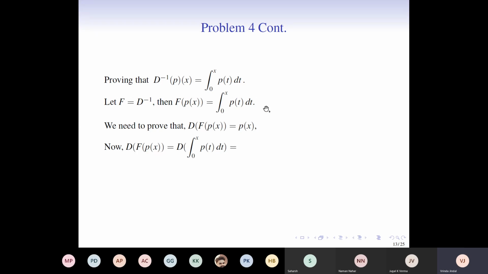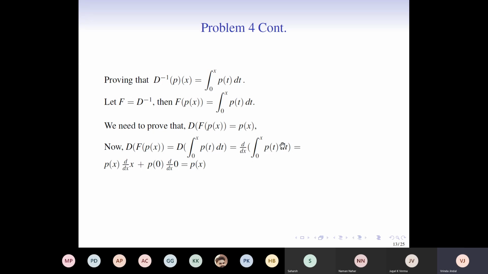F of p(x) is this. So D of F of p(x) is D of this integral, and D itself is the derivative function. So taking the derivative of this: how do we take the derivative of an integral?